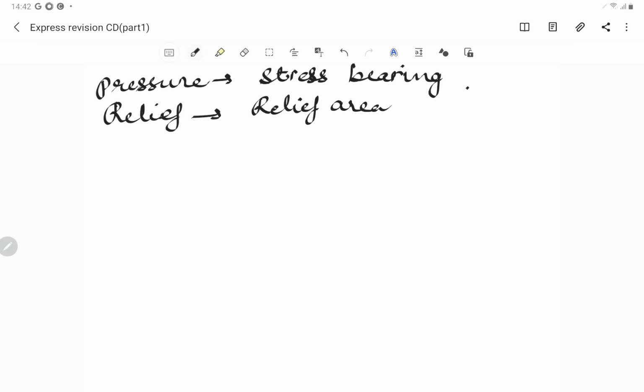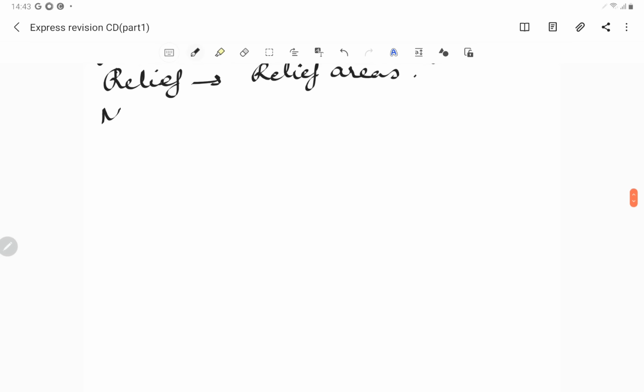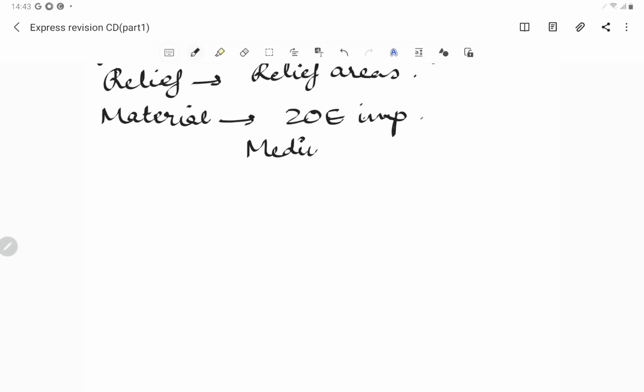That is the mid-palatine raphe usually. The material of choice for selective pressure technique is zinc oxide eugenol impression paste, or the medium body elastomers.